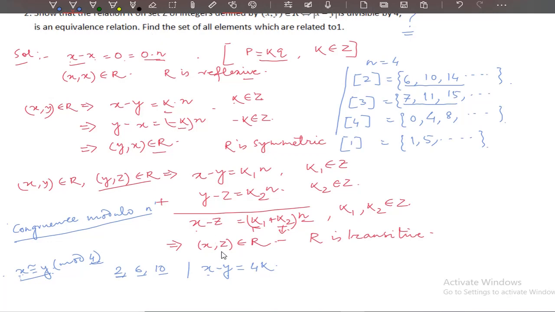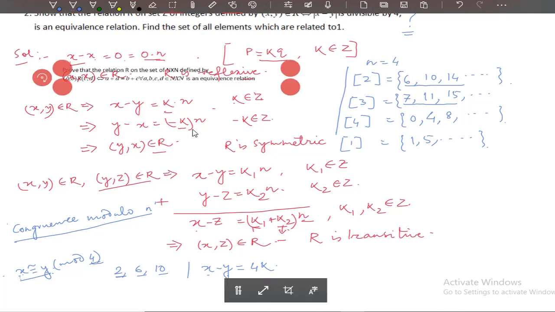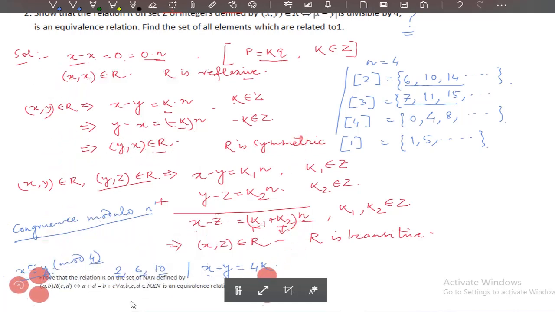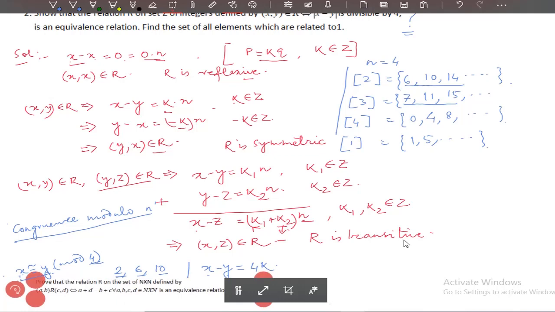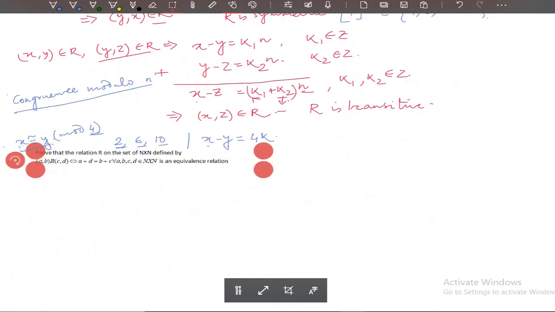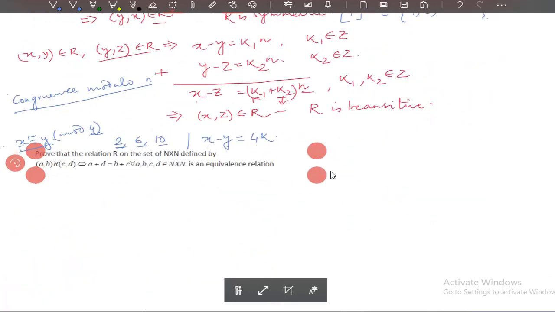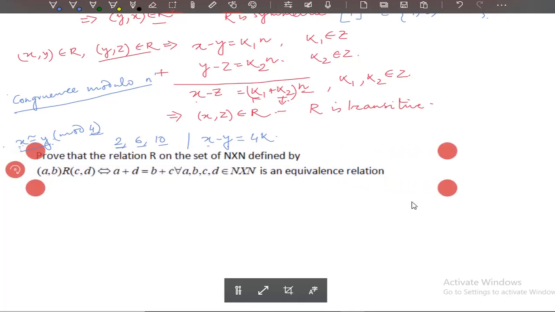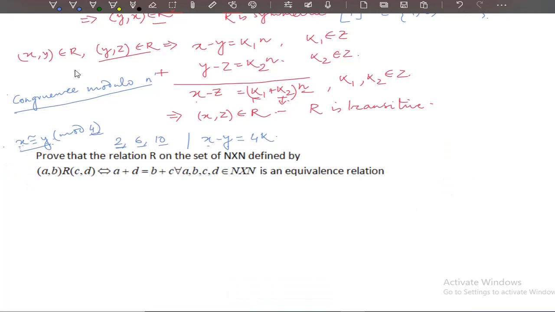Now coming to the next problem. This is the next problem. This problem is not in the usual set.